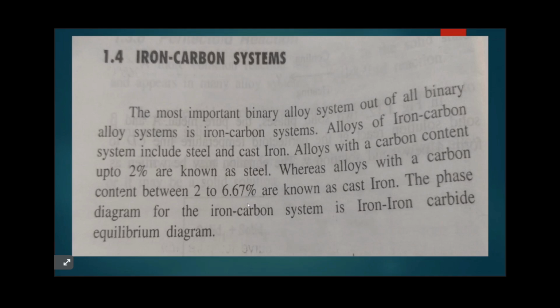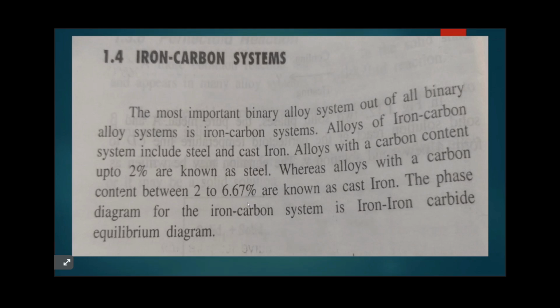As we know about the steel types, from 0.025 to 0.6 is low carbon steel, from 0.6 to 0.8 is medium carbon steel, then 0.8 to 1.2 percent is high carbon steel. After 0.8 to 2 percent, it is high carbon steel. After 2 percent to 6.67 percent, it will be cast iron.